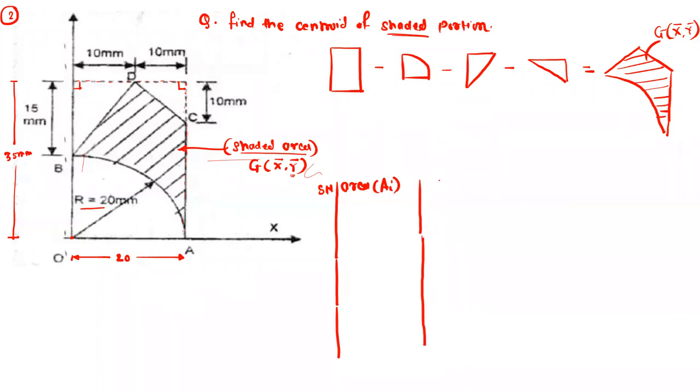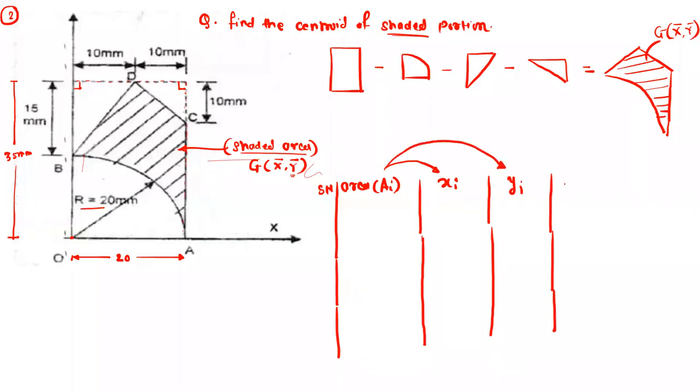The next column will be its x coordinate, that is xi, then the y coordinate yi. Then we take the product Ai xi, and then the product Ai into yi.